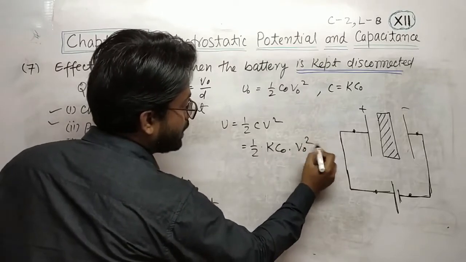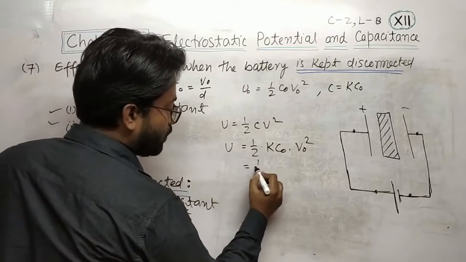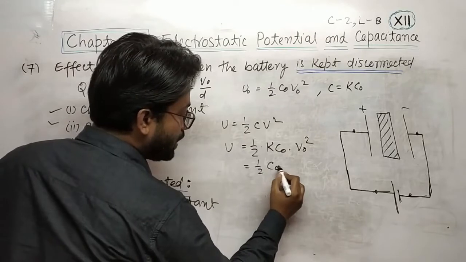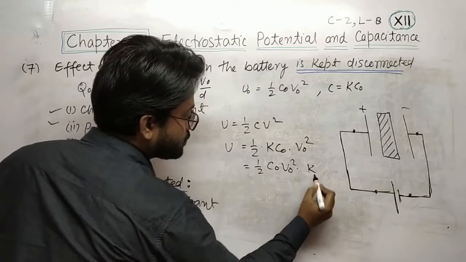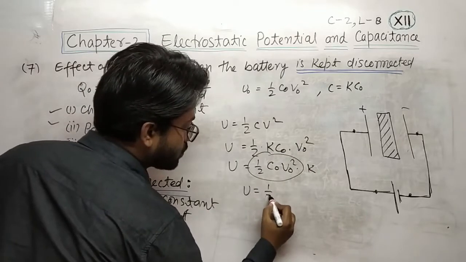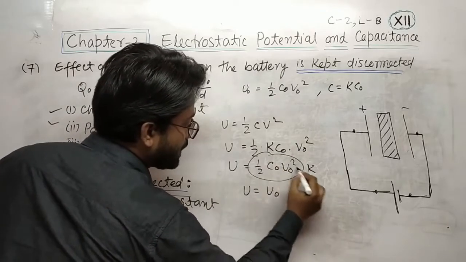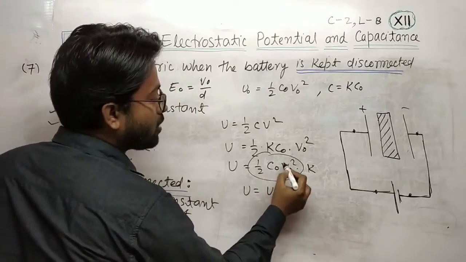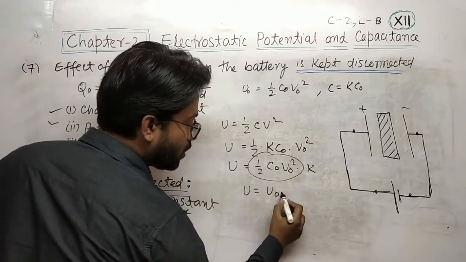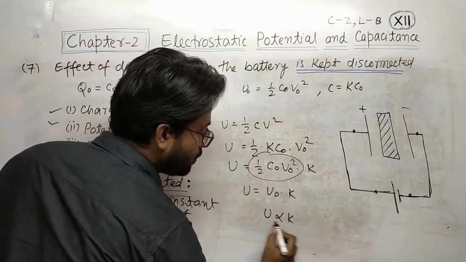In place of V we can write V naught. 1 by 2 C naught V naught square times K. In place of half C naught V naught square we can write U naught, so U is equal to U naught times K. Energy is directly proportional to K.